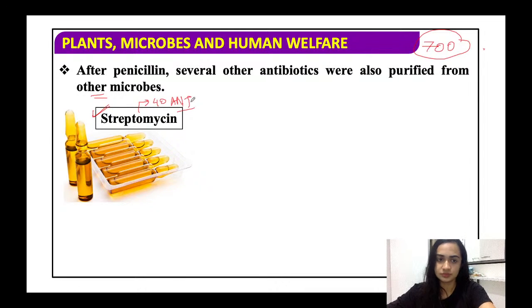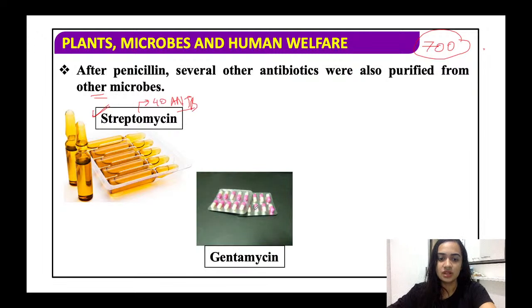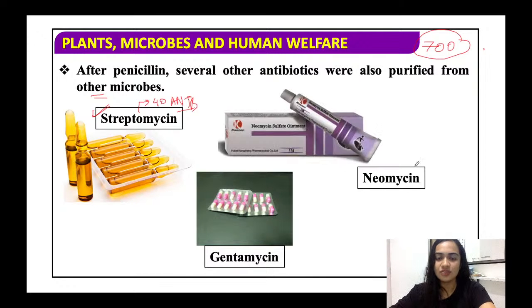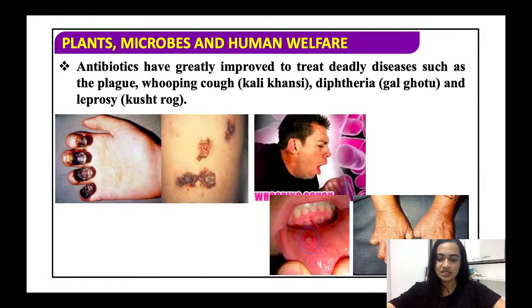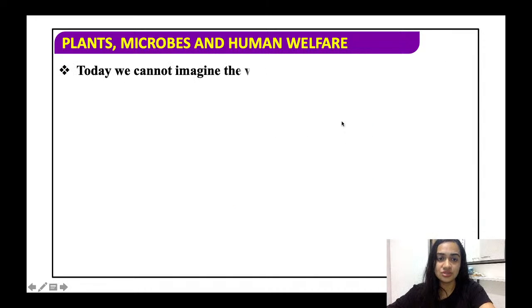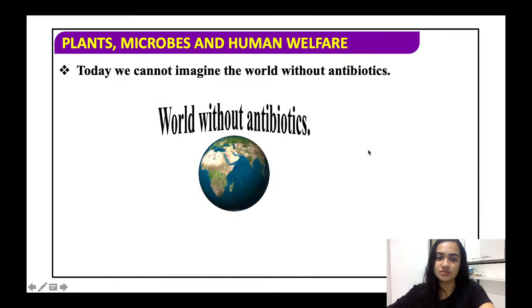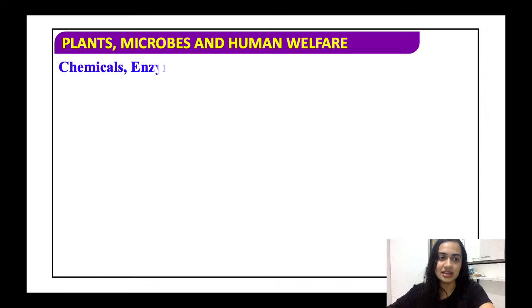Fine? Yeah. Then you have gentamicin, then you have neomycin. Okay? Now, antibiotics have greatly improved how we treat deadly diseases such as plague, whooping cough, which is your kali khansi, diphtheria, and your leprosy. इन सब के लिए antibiotics को बहुत widely use किया गया है. And today, we cannot imagine the world without antibiotics.